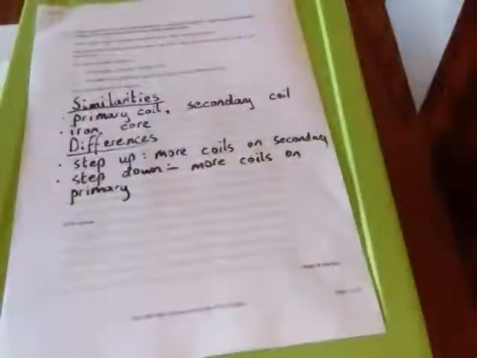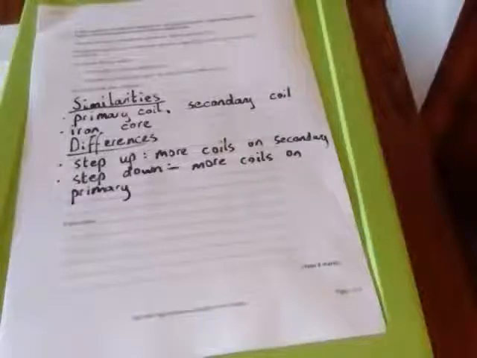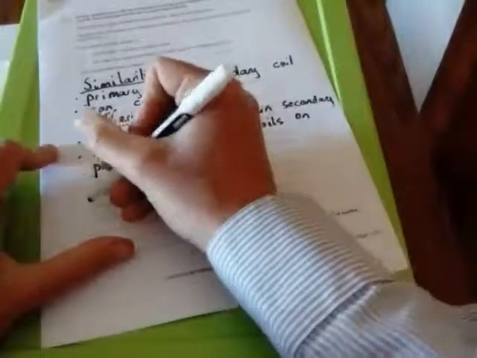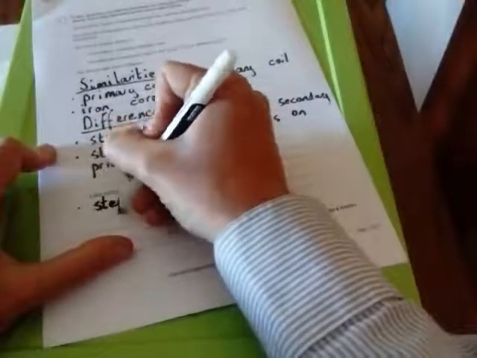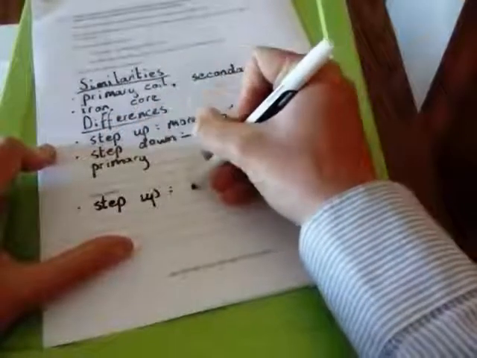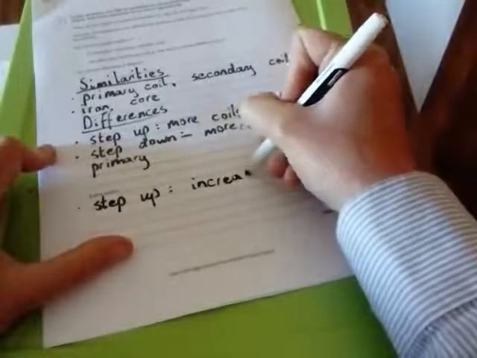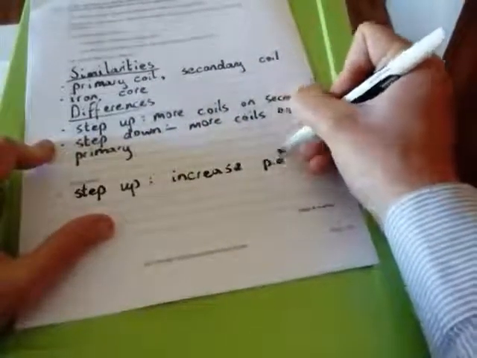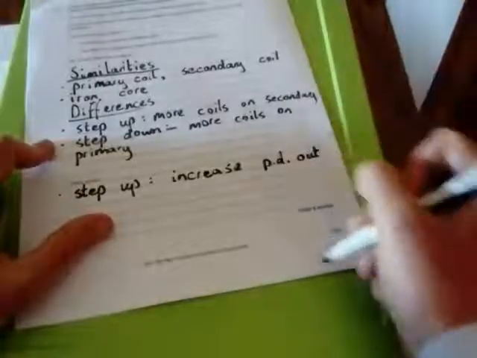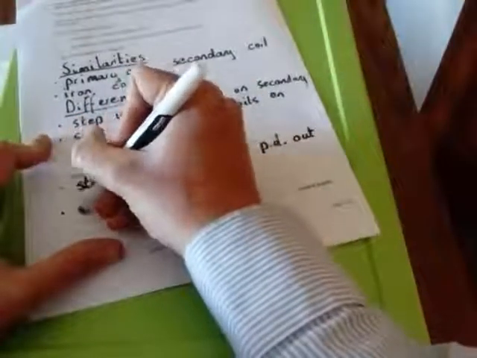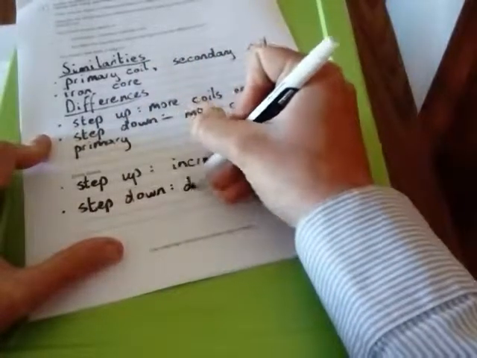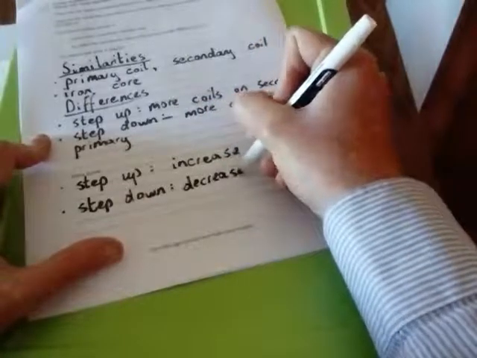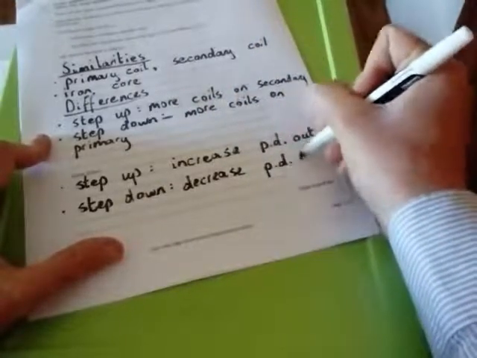So that's in terms of construction, but let's go back to similarities and differences, although I think probably only differences in terms of output PD. So more differences in terms of the output PD. Step up, well, they increase the PD output, whereas step down, they decrease the potential difference output.